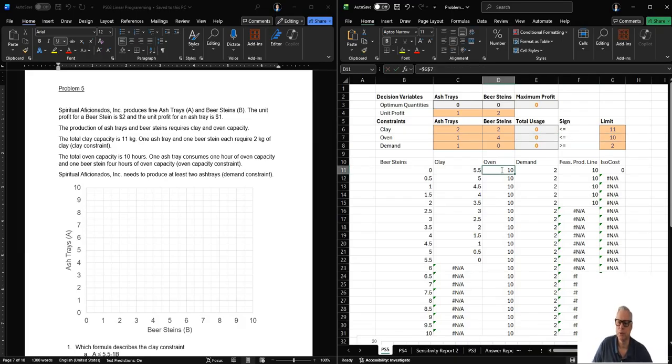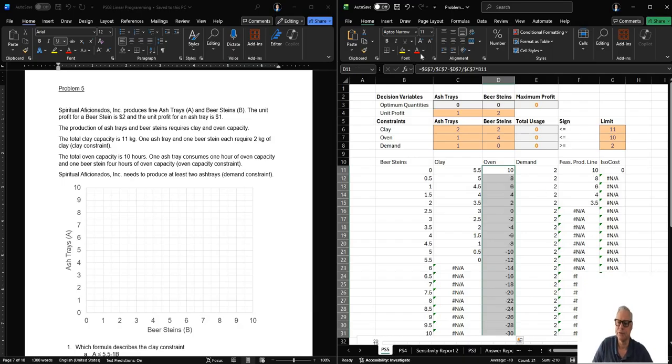So now the oven constraint is equal to the maximum amount available oven capacity divided by the coefficient for the oven, which is 1, then minus the Bierstein coefficient divided by the oven coefficient, the ashtray coefficient times the number of Biersteins.